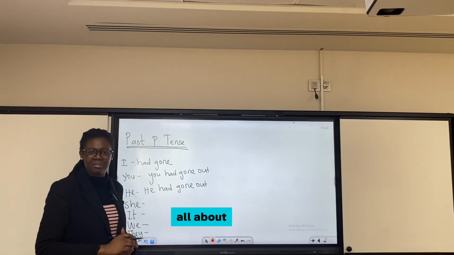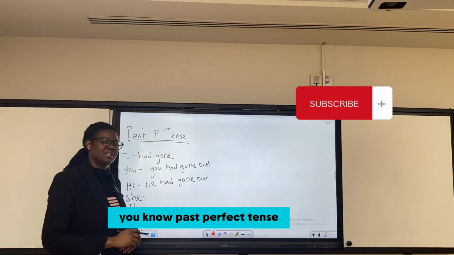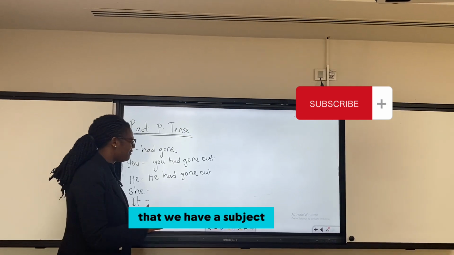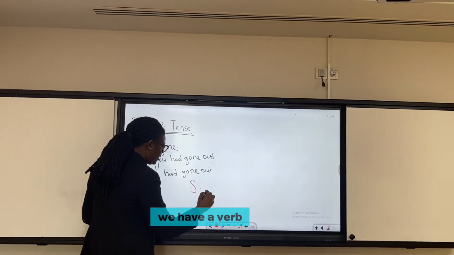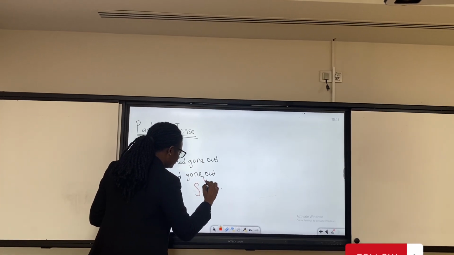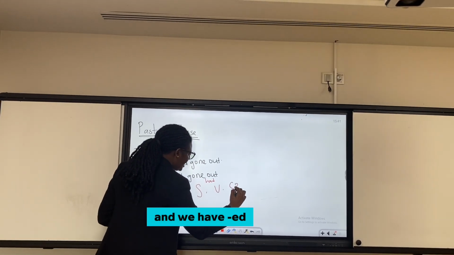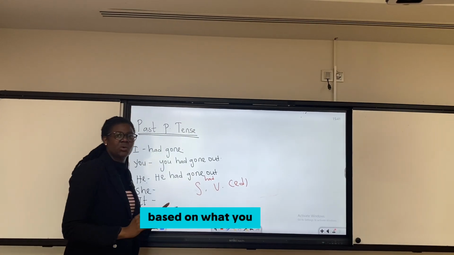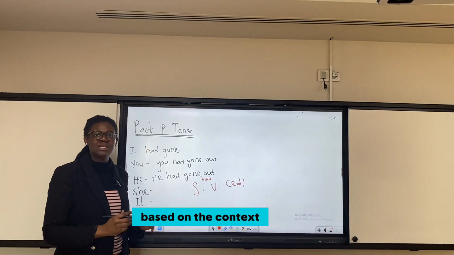So this is just all about past perfect tense. The main thing is for us to know that we have a subject, we have a verb, we have had, and we have ed, based on what you want to say, based on the context.